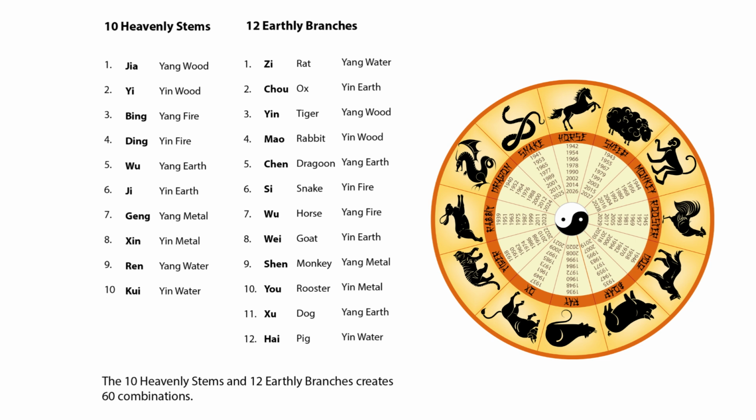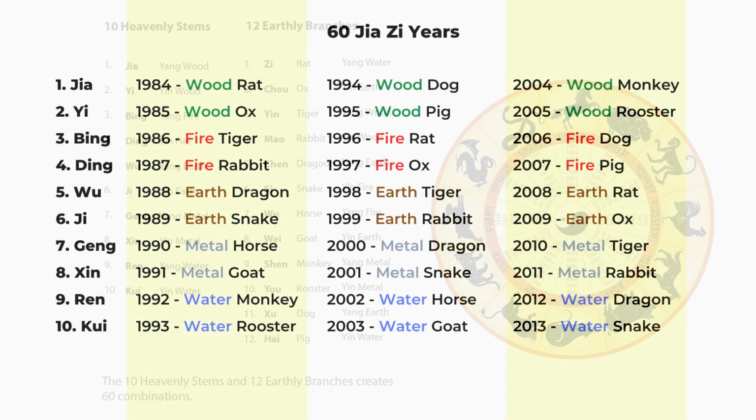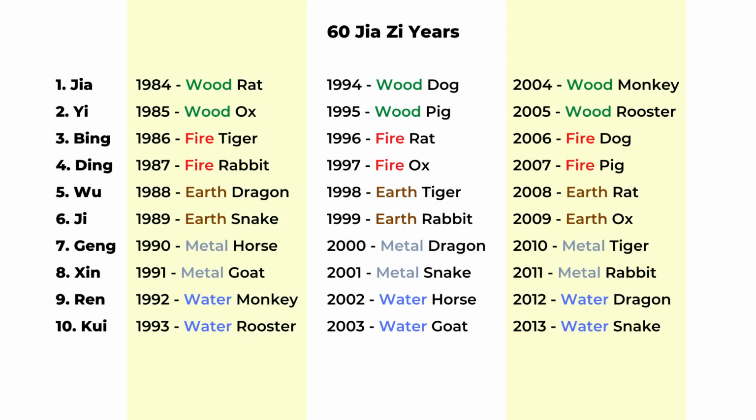And because of the combination of the 10 heavenly stems and 12 earthly branches, there will be a 60 years chart, or the 60-year combination. And we call that 60 甲子 years. So to make it clear, I list every year and its related element for these 60 years.